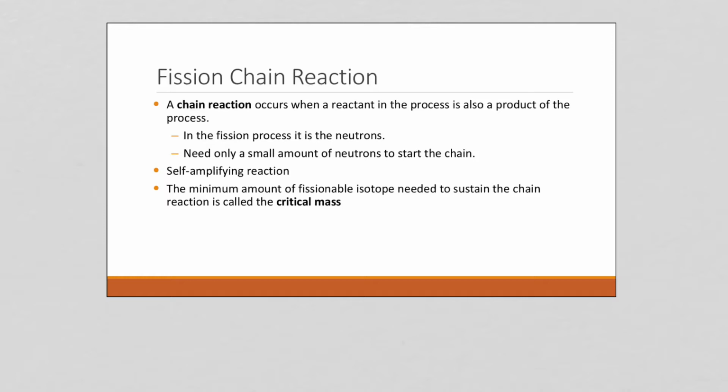Now, to actually get this chain reaction to occur, you need a minimal amount of the fissionable isotope, uranium-235, needed to sustain that chain reaction. And this is what's called the critical mass of the fissionable isotope. So in order to actually get one of these chain reactions to occur, you need a critical mass.